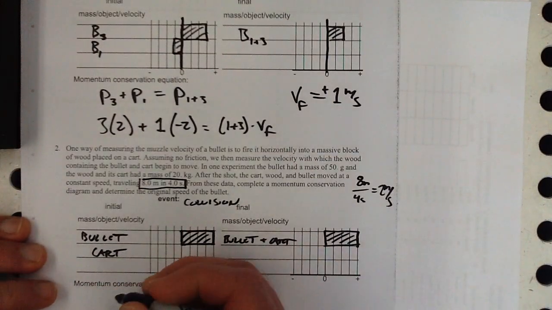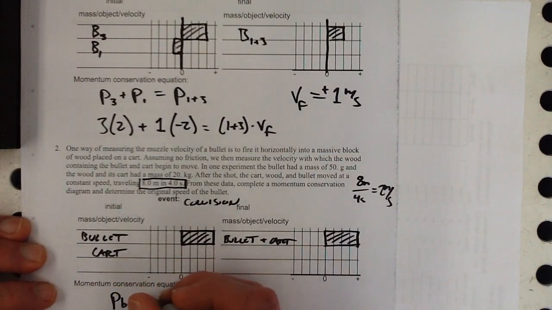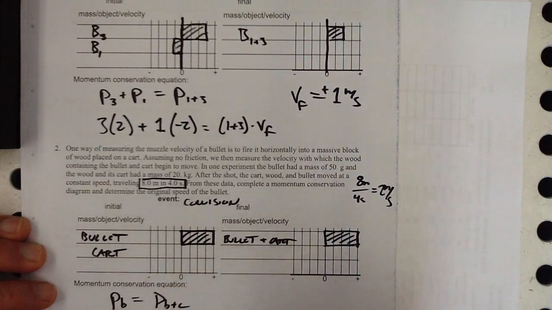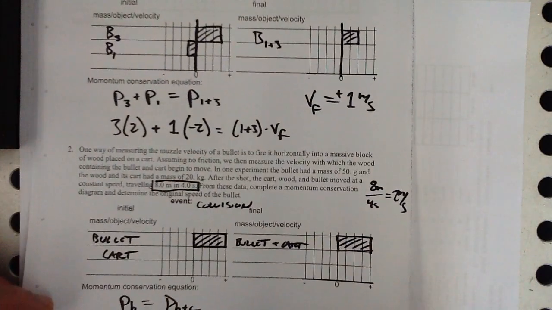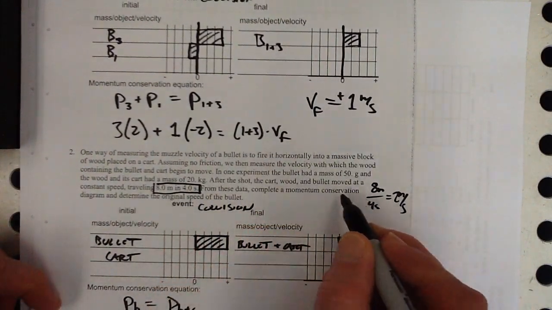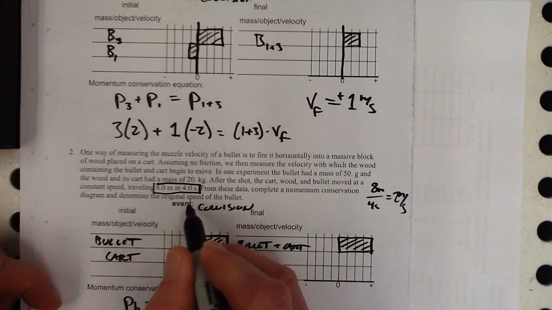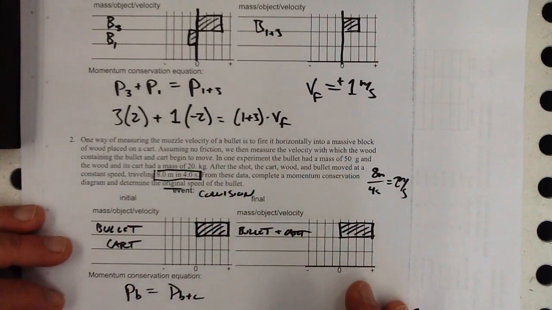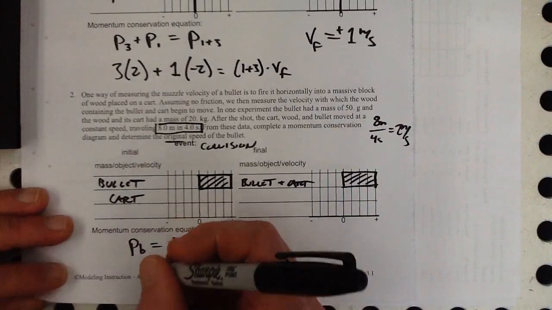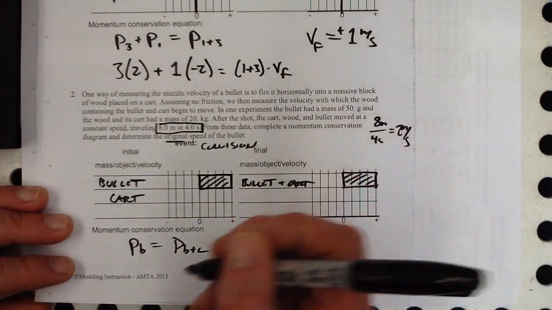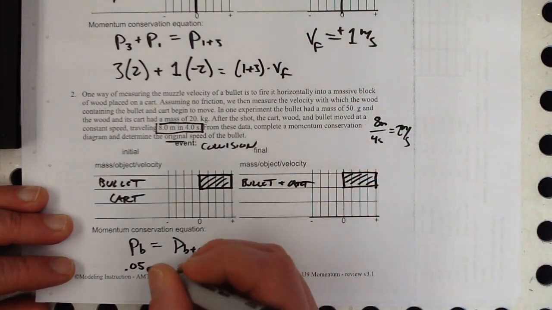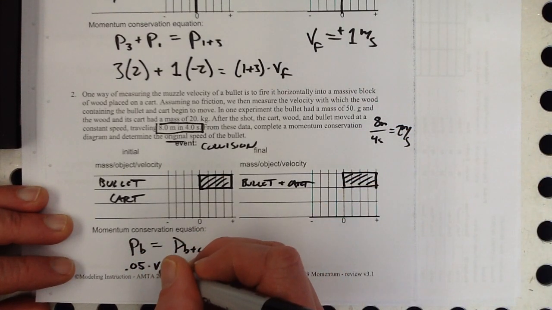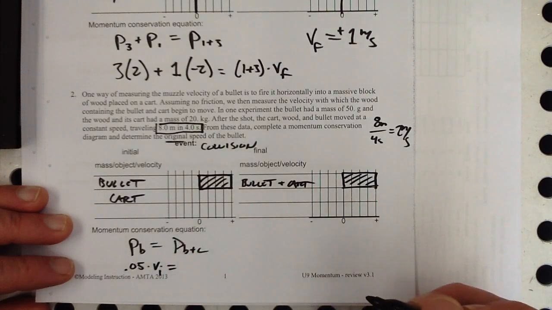Momentum conservation equation: I've got the momentum of the bullet before the collision is equal to the momentum of the bullet and the cart after the collision. From these data, complete a momentum conservation diagram and determine the original speed of the bullet. So the mass of the bullet, 0.05 kilograms. Grams is not the right units. Times, I would like to know its initial velocity.